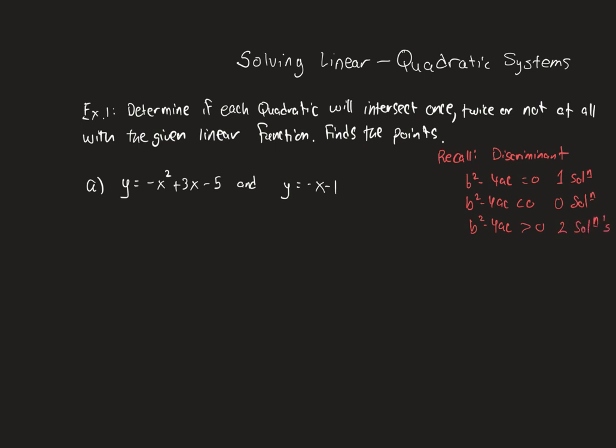Okay, so we're going to start off finding out how many solutions, but just like in any of these problems, you want to find your total actual equation first. So the first thing you're going to do is equal the equations to each other.